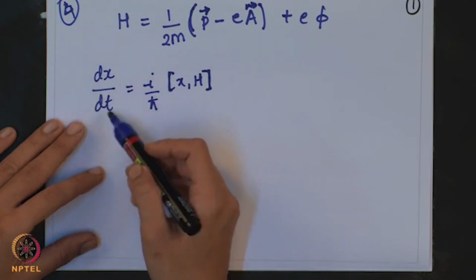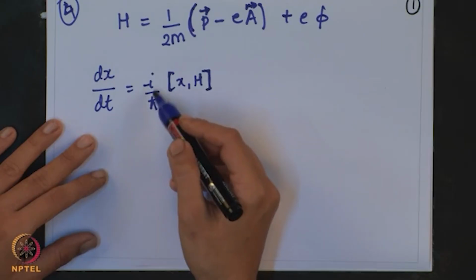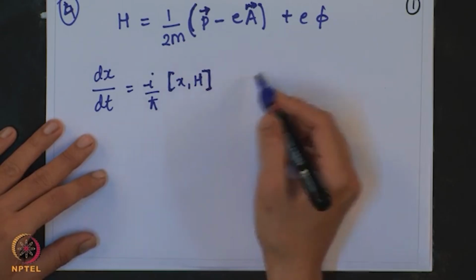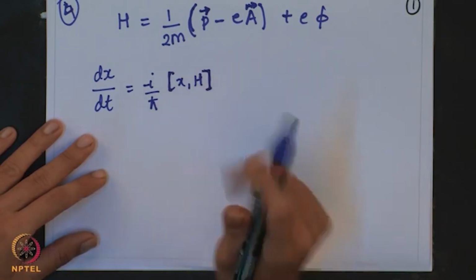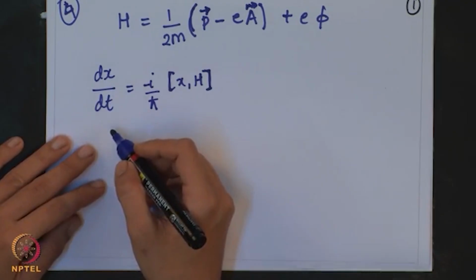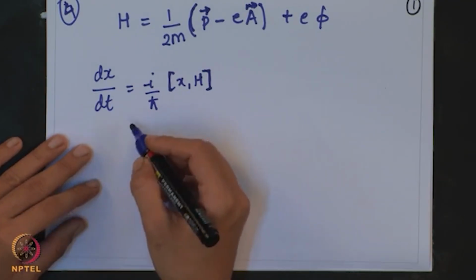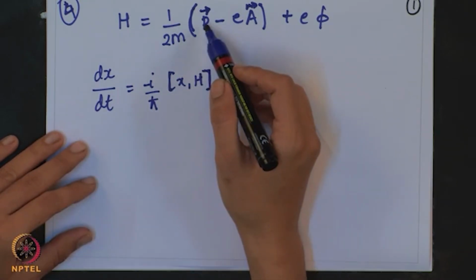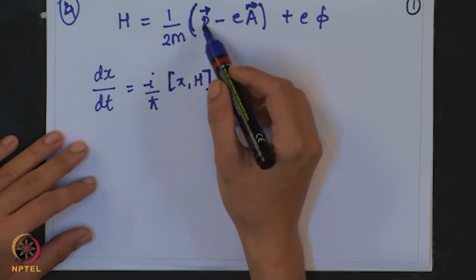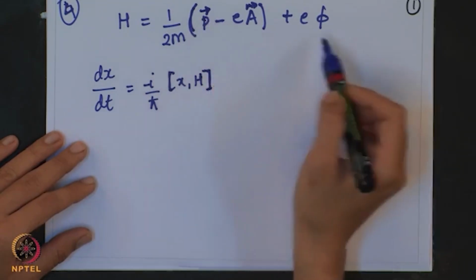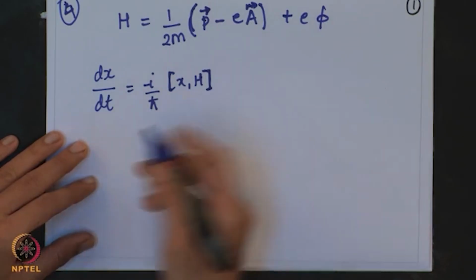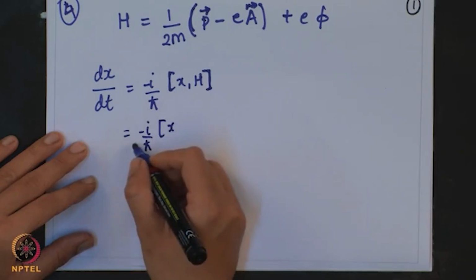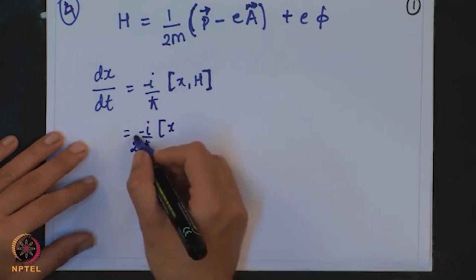So, we just have dx by dt is equal to minus i upon h cross times the commutator of x with the Hamiltonian. We will not have the second term in this because x does not explicitly depend on time. We can evaluate this by substituting H, which you can write in terms of the 3 directions px, py and pz. So, when I write this, what do I get? i upon h cross, with a 2m which I can take outside.